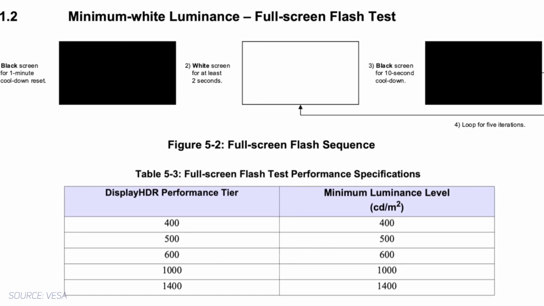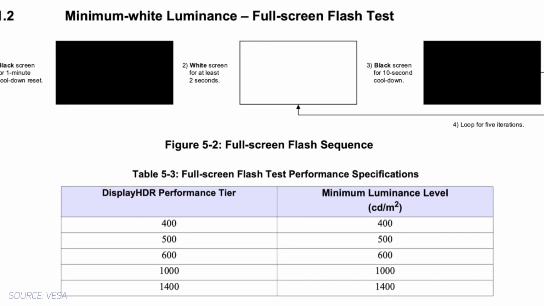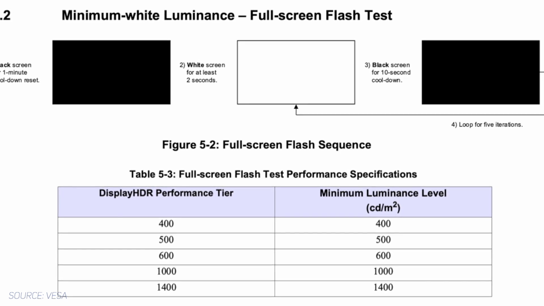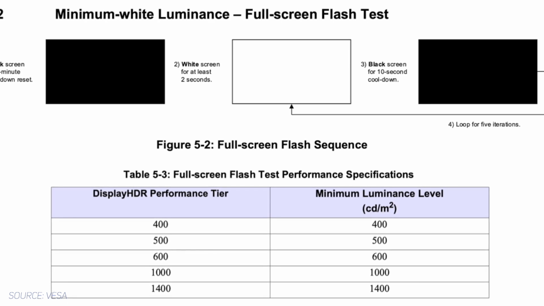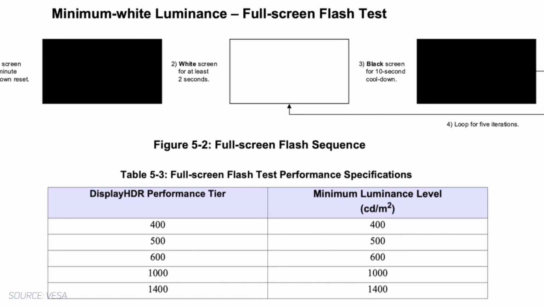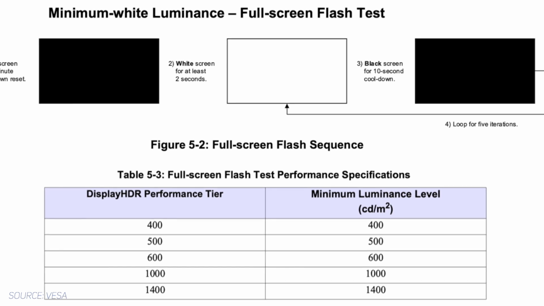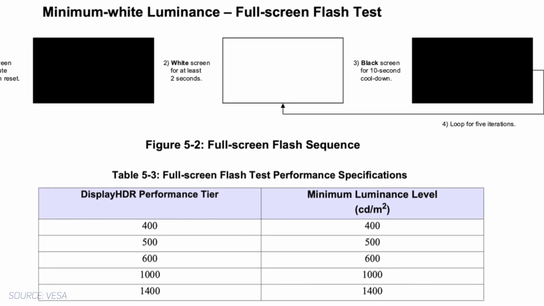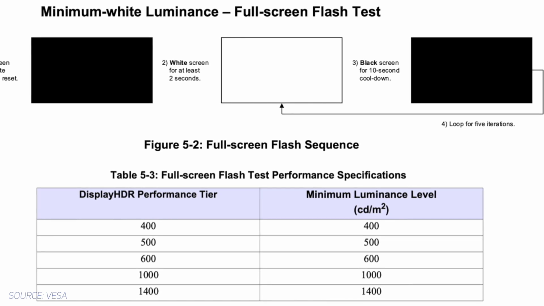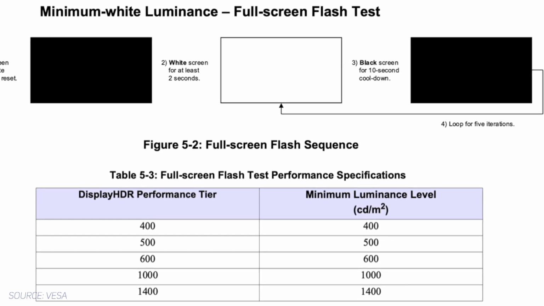And this is not a thermal test because it's only 2 seconds, but this is a power delivery test. And in most cases, the televisions are architected so that they are not going to be able to deliver full screen white at all, ever, even just for 2 seconds.